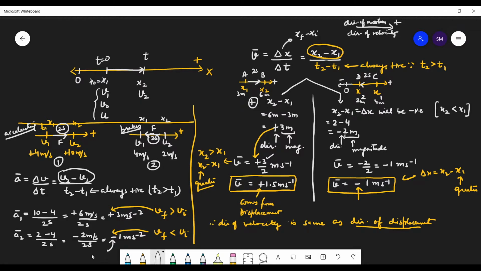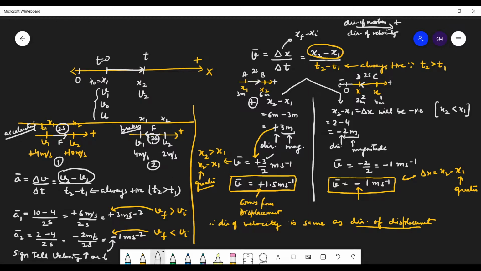This sign tells you whether the velocity is increasing or decreasing. Of course, here also it tells you whether the final position is more or less. But we can clearly say that in case of acceleration, the sign tells you whether the velocity is increasing or decreasing. I hope you have understood this discussion.